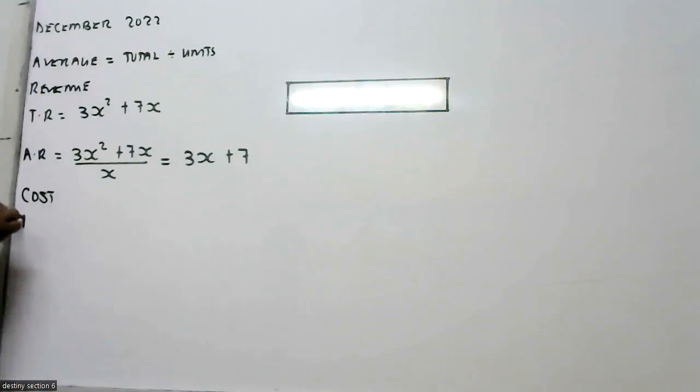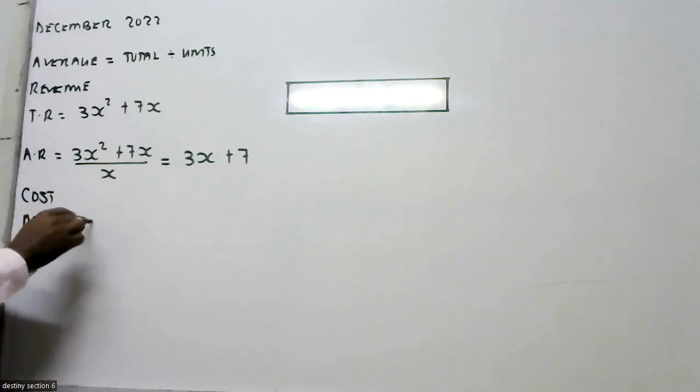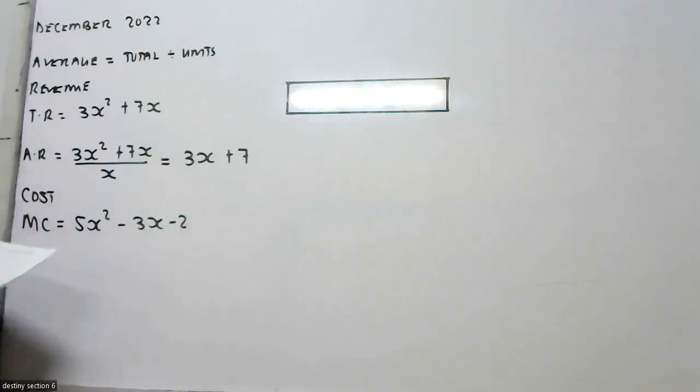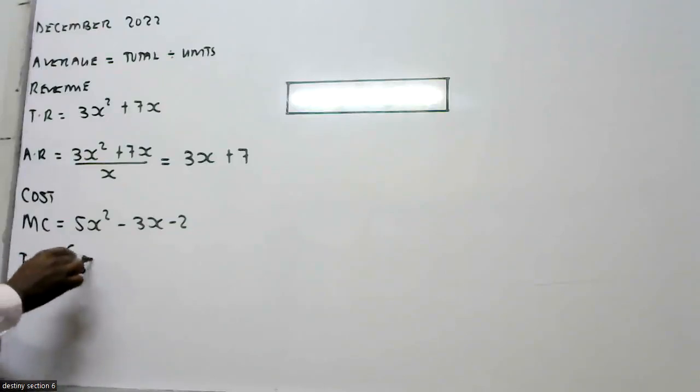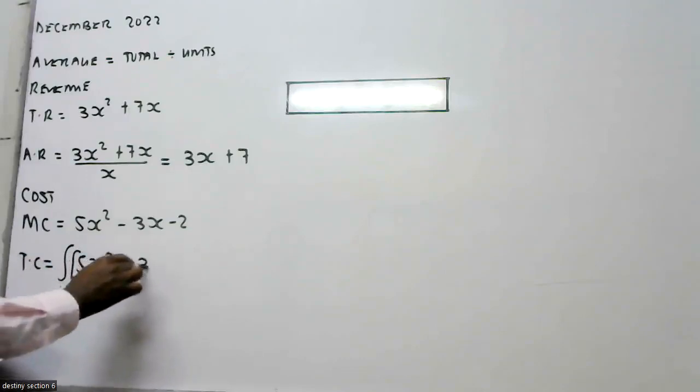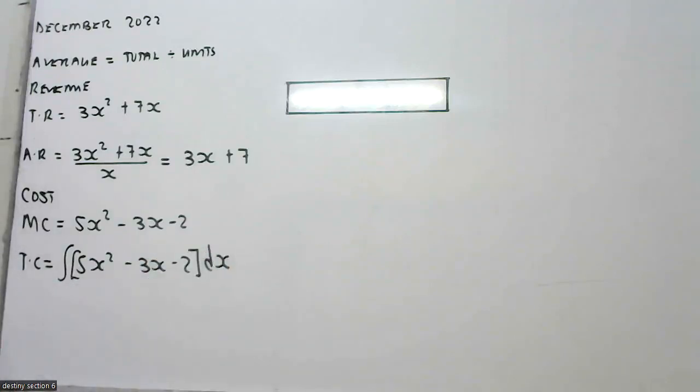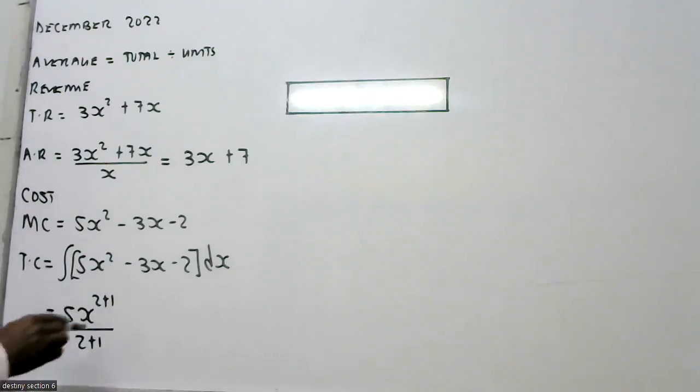Then for the costs, when they give us marginal cost as 5x squared minus 3x minus 2, then the total cost should be arrived at by integrating 5x squared minus 3x minus 2 with respect to x. So we say 5x squared, you add back 1, then you divide by the new power, 2 plus 1.